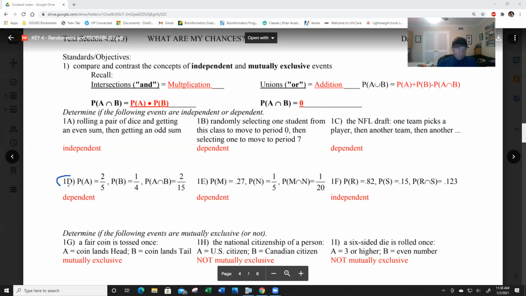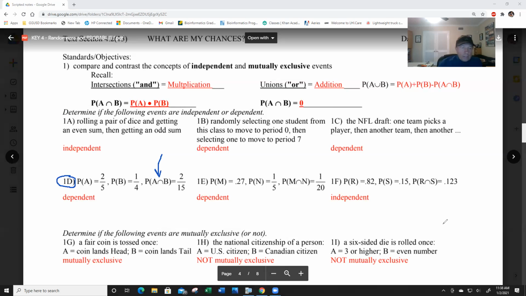All right. And then D is also dependent. This is really interesting. How do you know these are dependent? Well, if the intersection right there is their product, then they are independent.